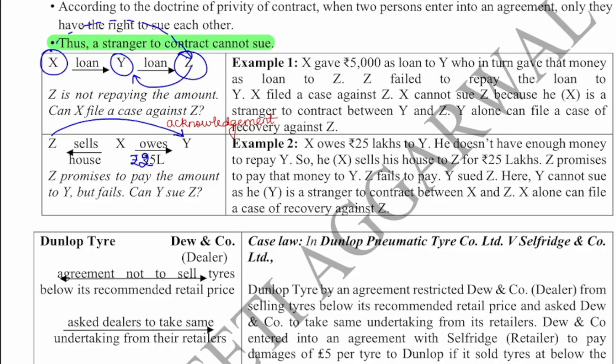So when he gives acknowledgement, he is considered as agent of Y. And yes, we can file a case against our agent. So here Y can sue because Z is acting as his agent. So only when Z gives acknowledgement, Y can file a case.